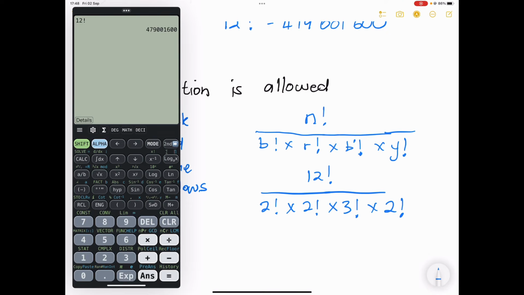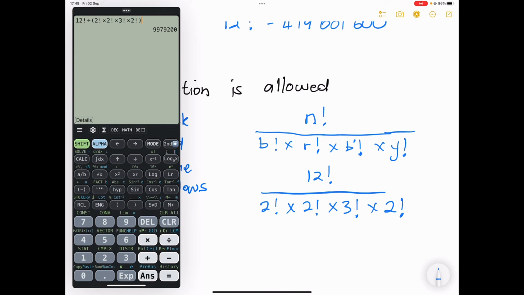We already have 12 factorial, so I'm just going to divide that by 2 factorial, multiplied by another 2 factorial, multiplied by 3 factorial, multiplied by another 2 factorial.